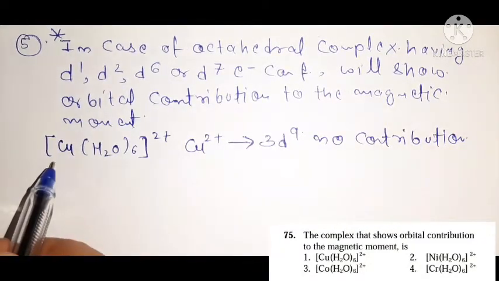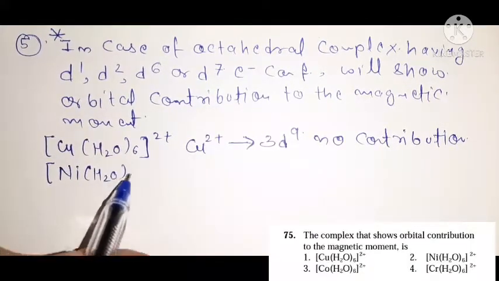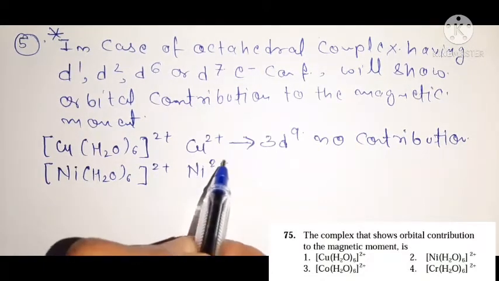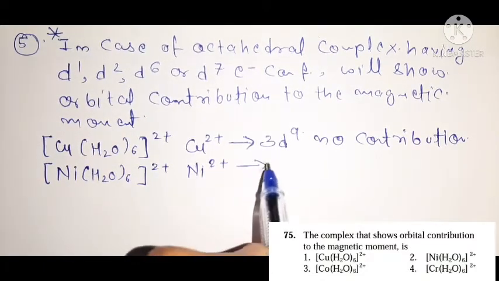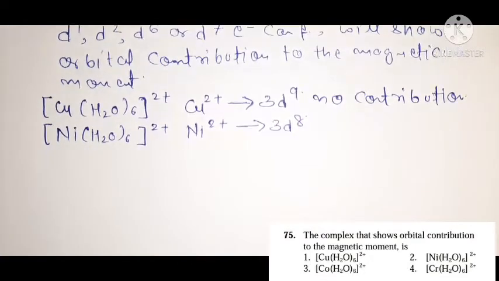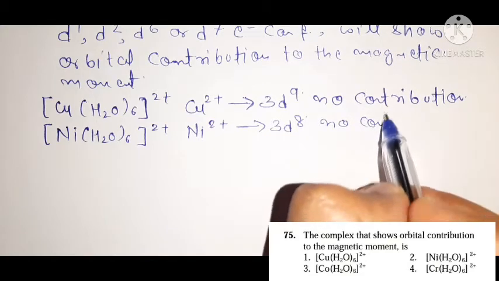Now in the second option, that is Ni(H2O)6 2+. This is nickel 2+. The electronic configuration of nickel 2+ ion is 3d8. So there is also no orbital contribution to the magnetic moment. So no contribution.